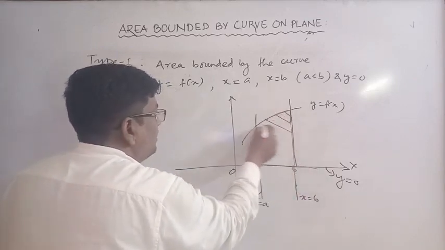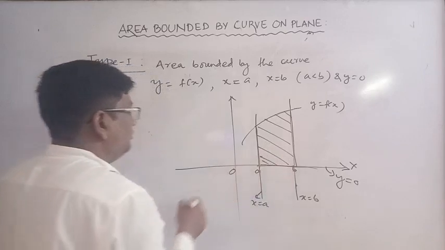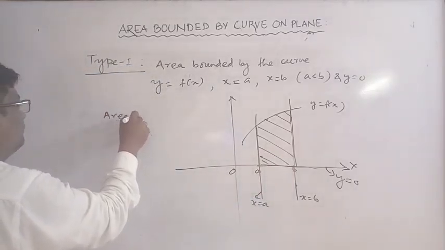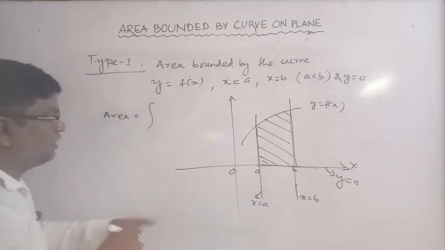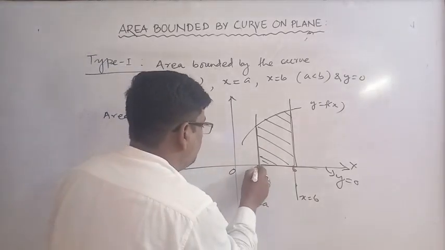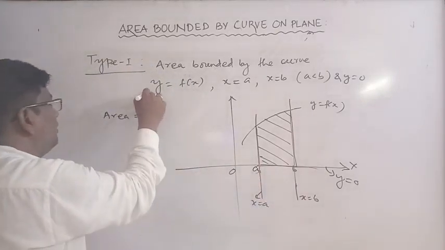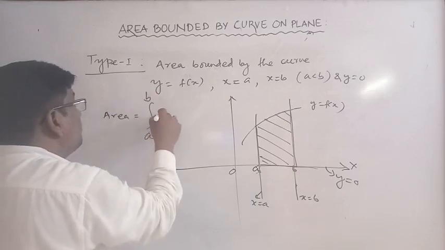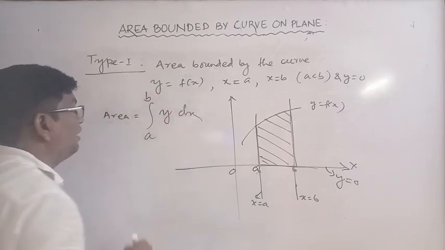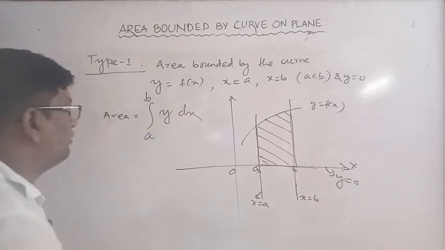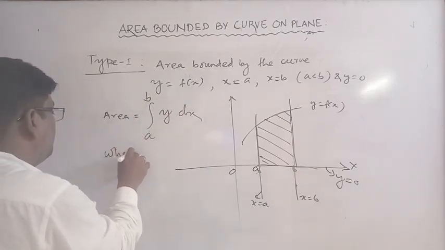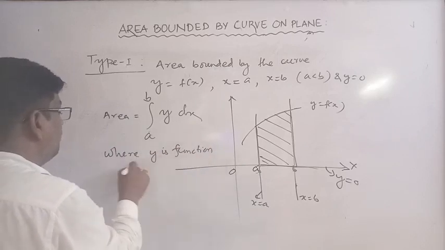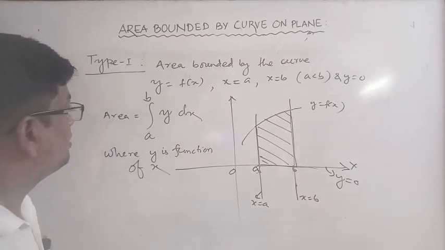Which area? This area. Area is equal to the integral from lower limit a to upper limit b of y dx, where y is a function of x. This is type 1.